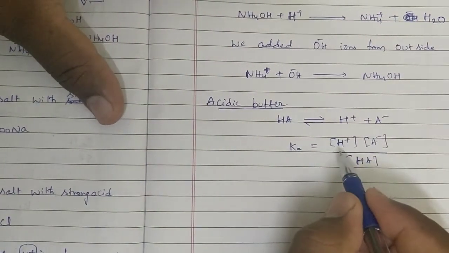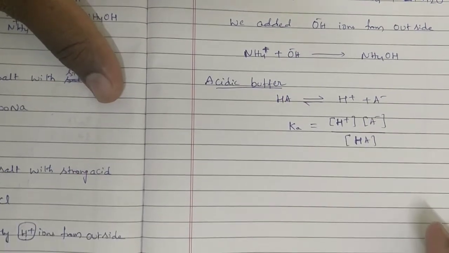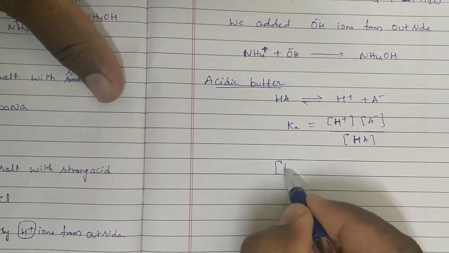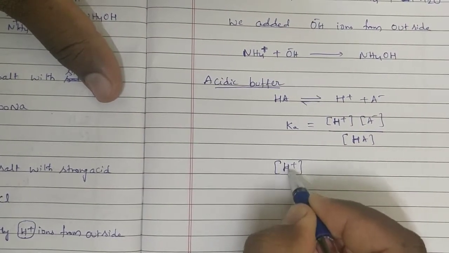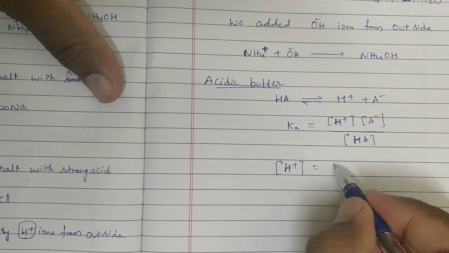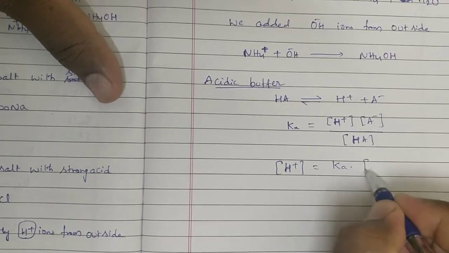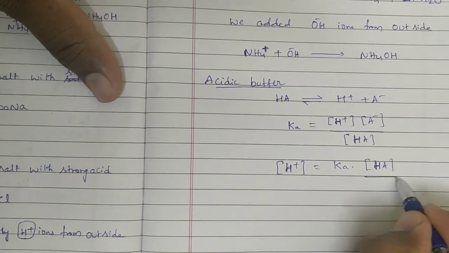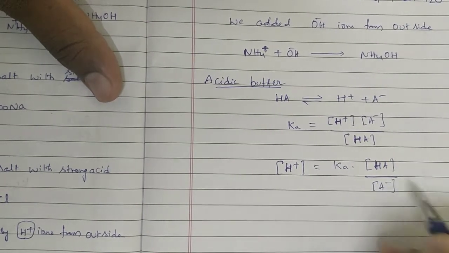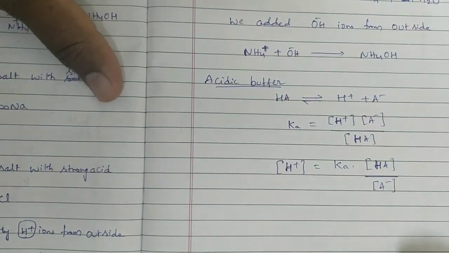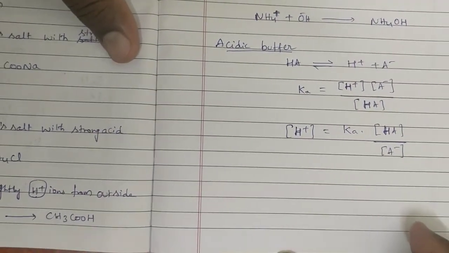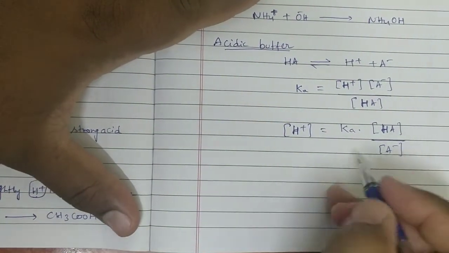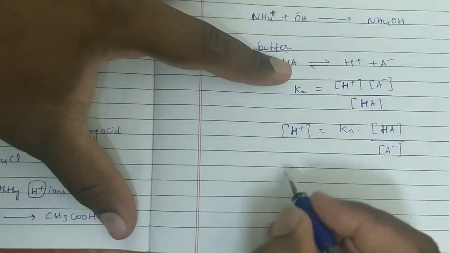I am keeping the concentration of H plus on the left side. So concentration of H plus is equal to Ka into concentration of HA divided by concentration of A minus.